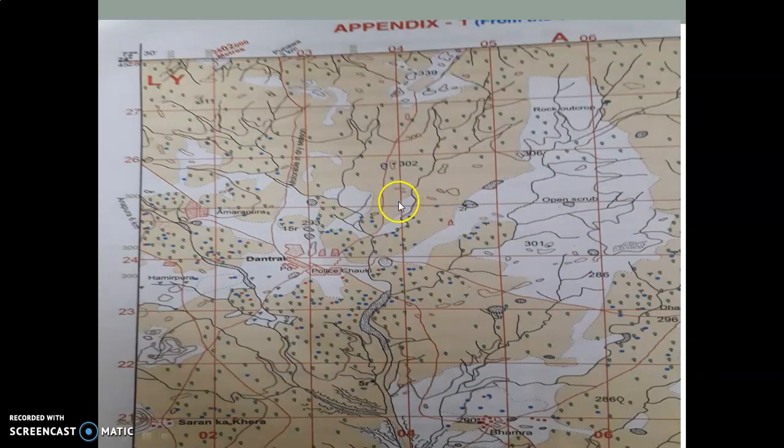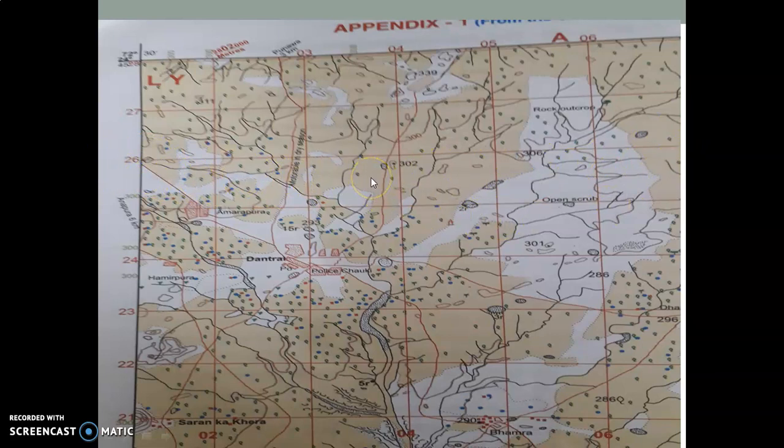Now next, this is another topographical map. See these red lines with numbers 02, 03, 04. These standing lines are eastings, and these horizontal red lines are northings, 23, 24, 25, 26. Here it is given 72 degree. If the line is given in black color, that will be considered as longitude. If a black color line is given in between the grid, that will be considered as latitude.